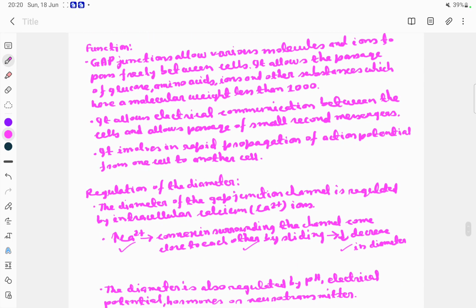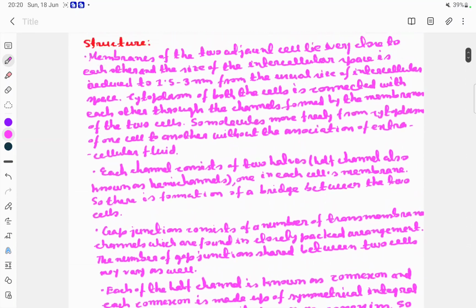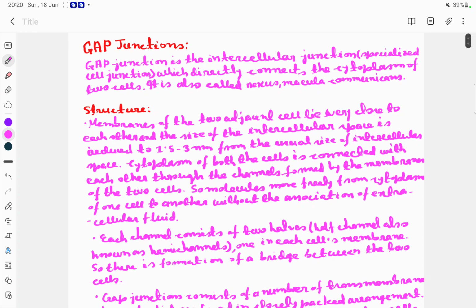So, this is a brief note on gap junction.